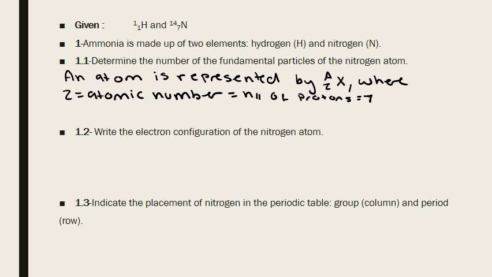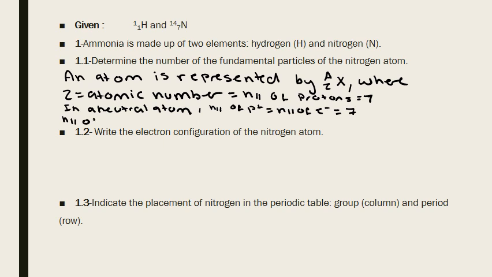So now we've found out the number of protons. In a neutral atom, number of protons equals number of electrons, which also equals 7.